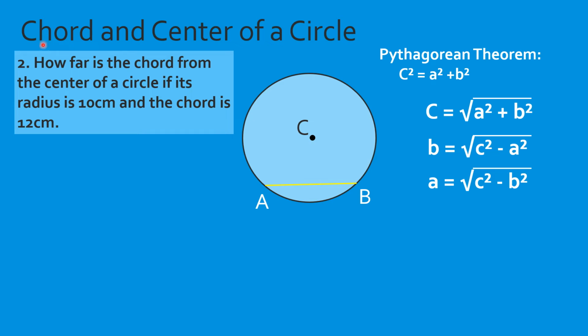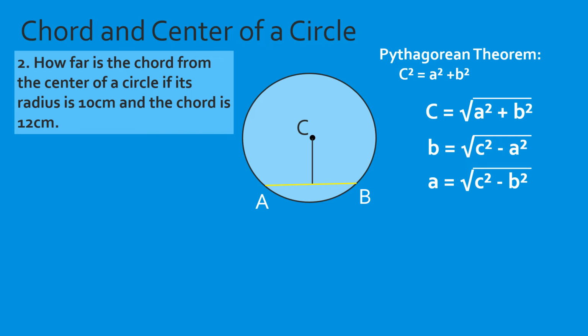Let's have another example. How far is the chord from the center of a circle if its radius is 10 centimeters and the chord is 12 centimeters? So this time, the unknown is the length from the center to the chord. So let's draw a line there. And now given is the radius, so we can have the radius here and the length of the chord.